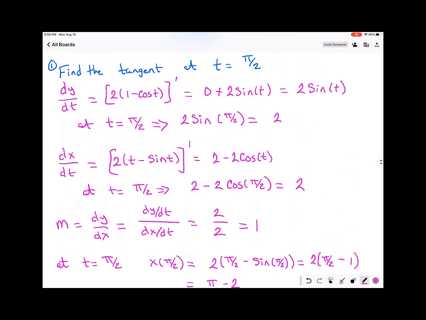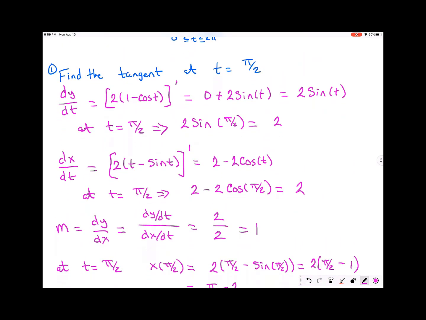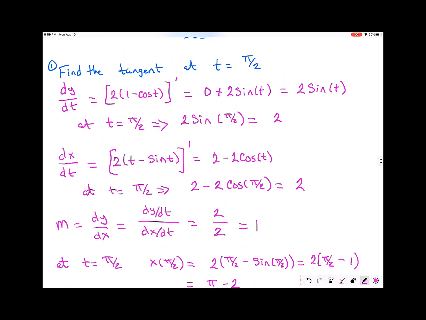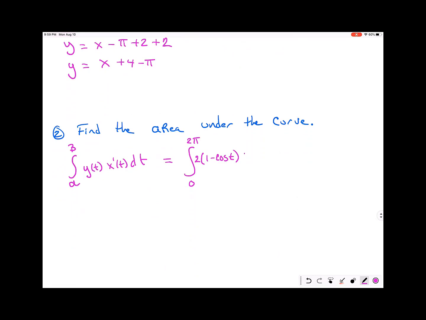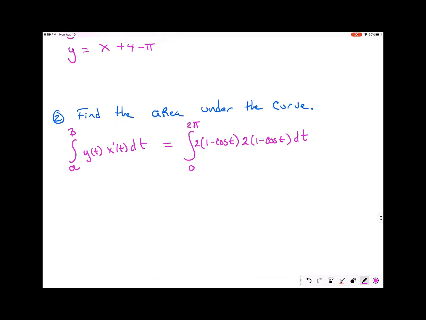And the derivative of the x part is 2 times 1 minus cosine of t. So 2 times 1 minus cosine of t, and then dt.